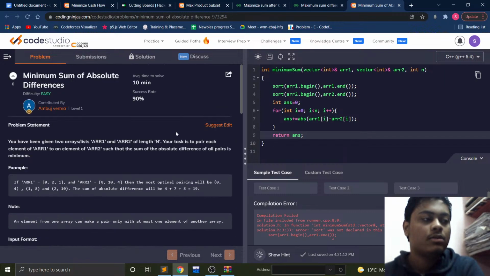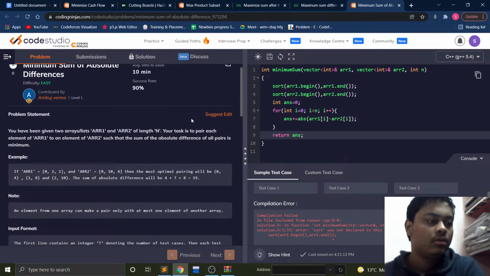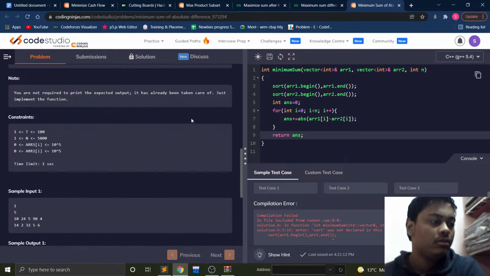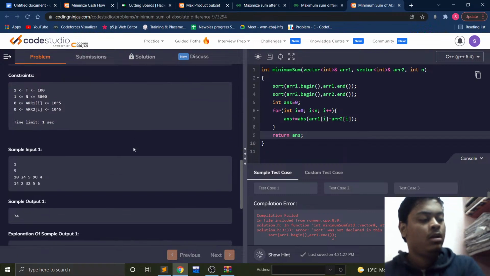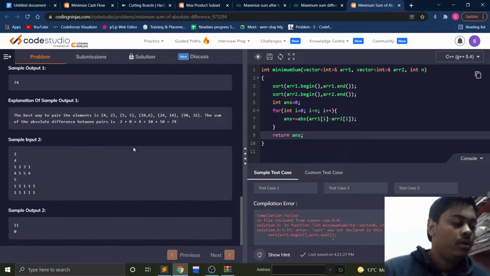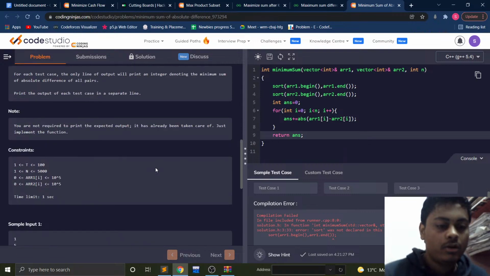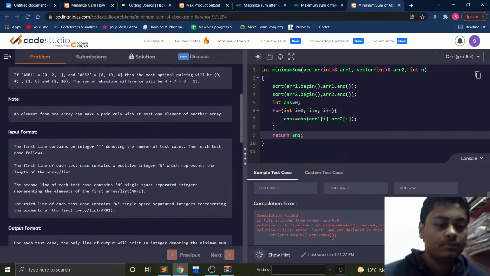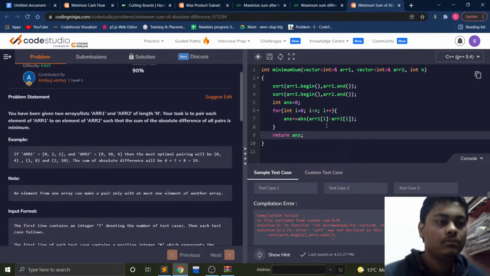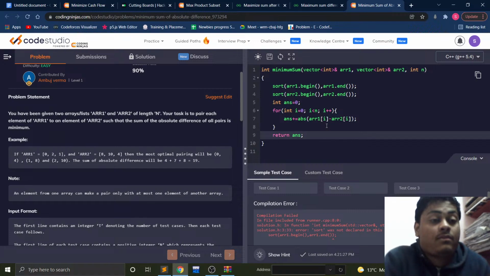Okay, sorting is not defined. Do I have to write my own sort function? How much is n? N is 5000. How is sort not defined? Really? Sort was not declared in the scope. Wow.